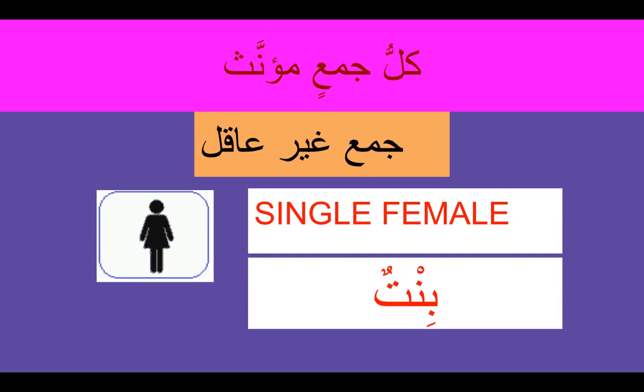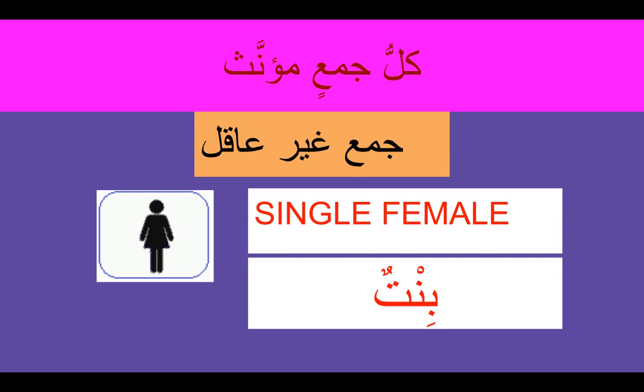So the king is very relaxed and he says, "La takhaf, don't worry. La taqlaq, don't be scared." He says, "Kullu jam'in mu'annas." The whole army is one female.